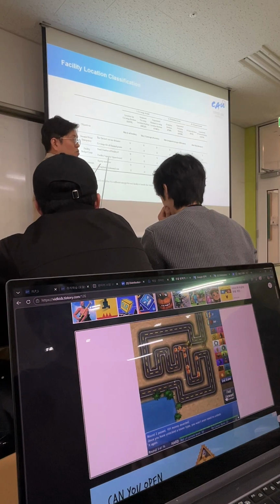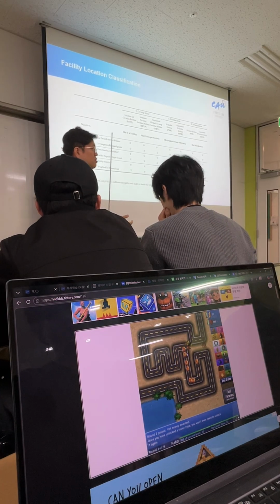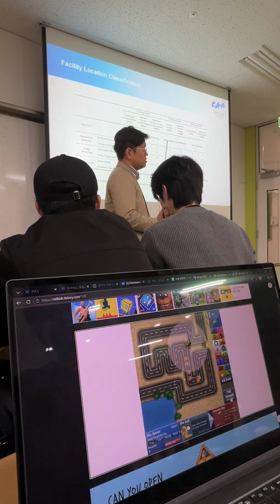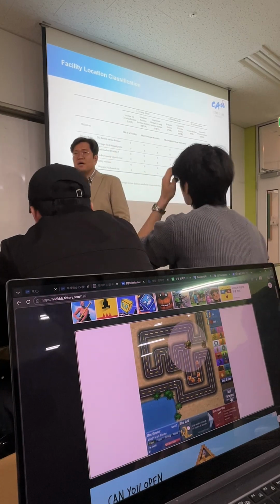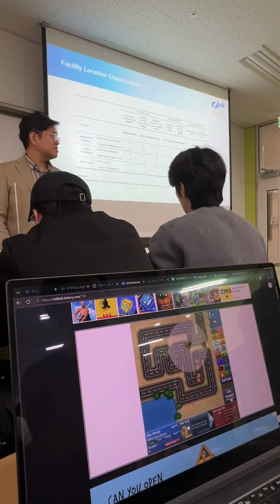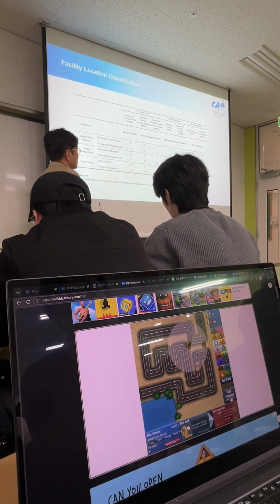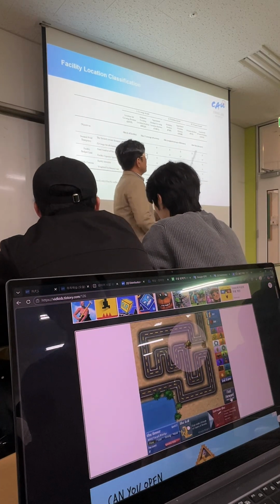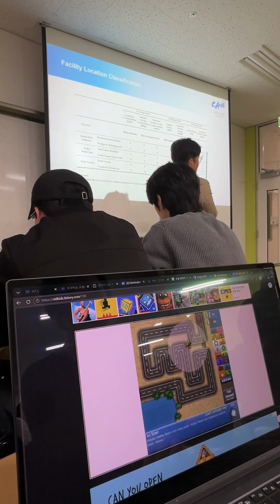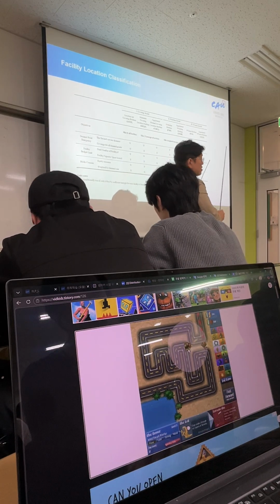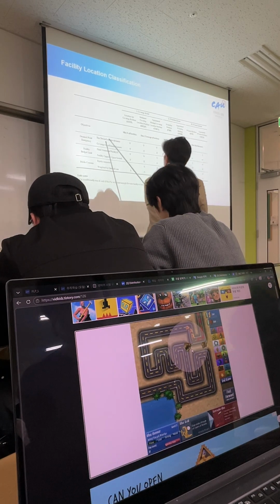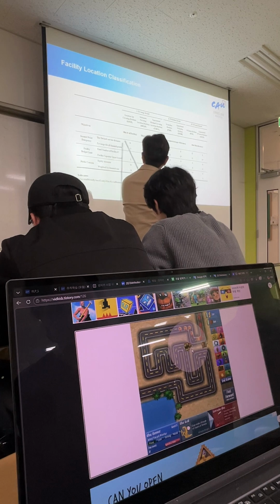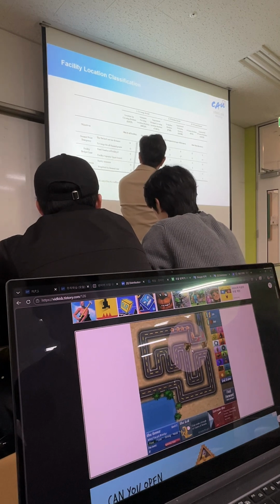Okay? No customer need to be discriminated by their location. So that is the equality concern part. And then that is realized by minimax distance. Okay, and they are dealing with the distance.